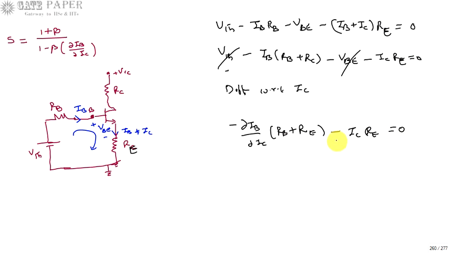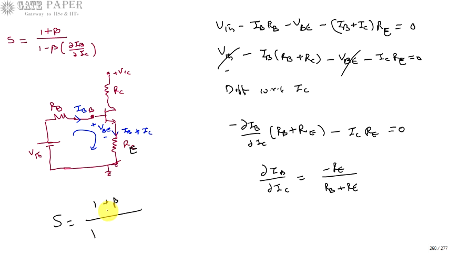From this, dou IB by dou IC can be written as RE divided by (RB plus RE). If you substitute in the S equation, (1 plus beta) divided by (1 minus beta times dou IB by dou IC), I can write it as (1 plus beta) divided by (1 plus beta times RE divided by (RE plus RB)).